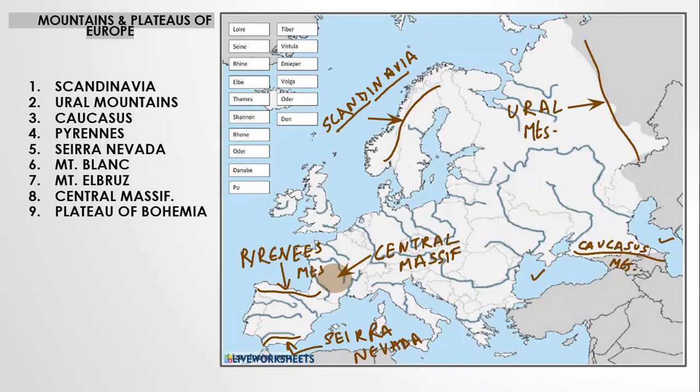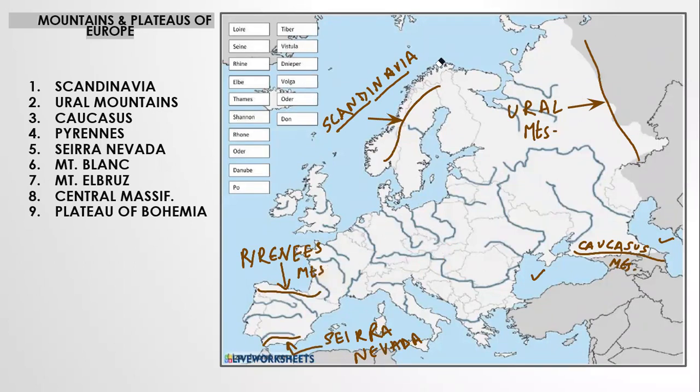Then we come to the Plateau of Bohemia. The Plateau of Bohemia is also very easy. I think I should write Central Massif somewhere else, because I have written it in the place where I have to mark Bohemia.